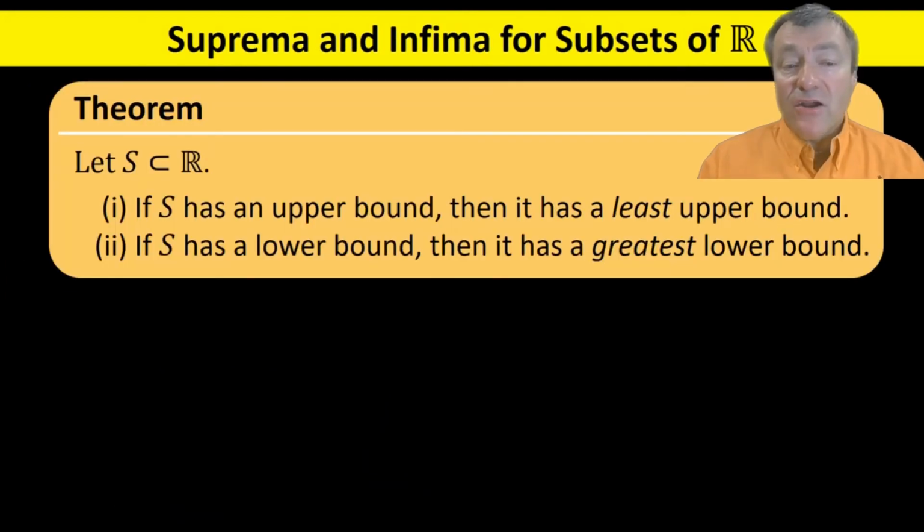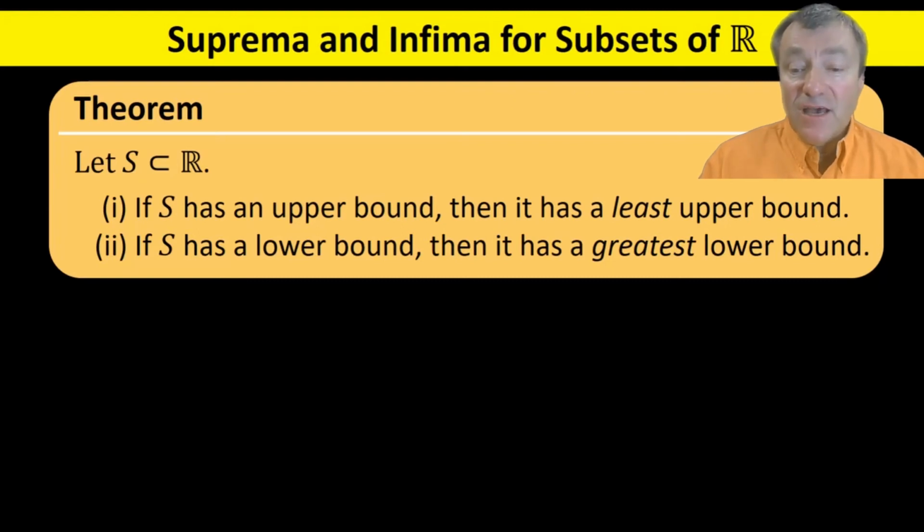These notions are extremely important because they get at one of the most important ways of defining properties of the real number system and saying what's distinctive about the reals. Here, we summarize that important property. Take any subset S of the reals. If S has an upper bound, then it has a least upper bound.